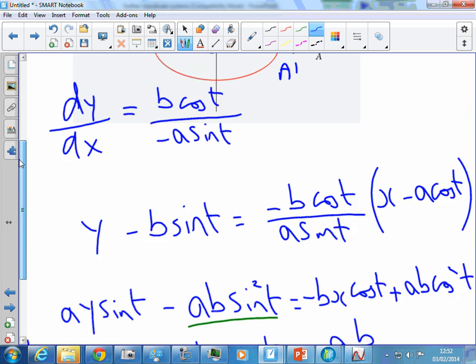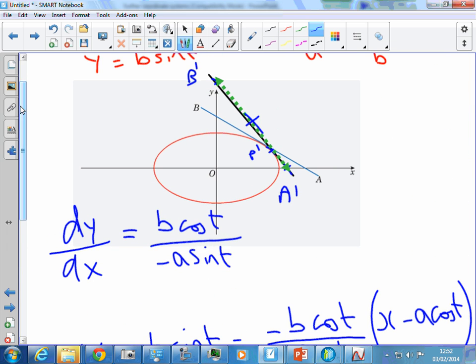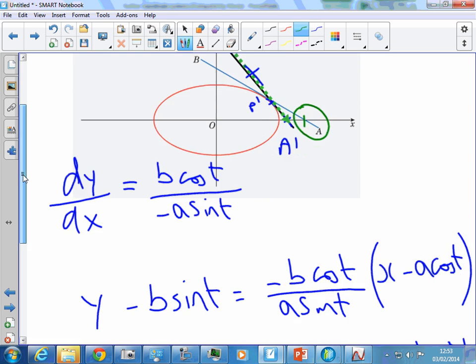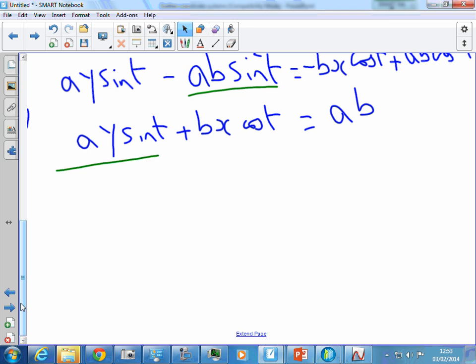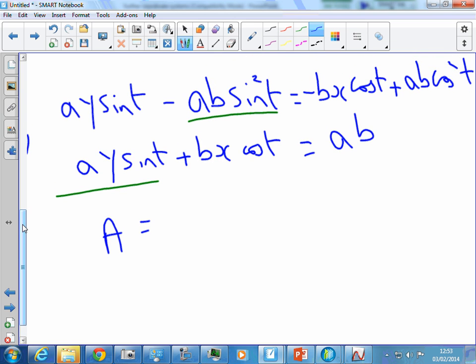Now, what is the coordinate of A? So let's go back to this. What is the coordinate of A, where the tangent cuts the x-axis? When y is 0. Okay, so when this term is 0, then A has coordinate what? a over cos t.